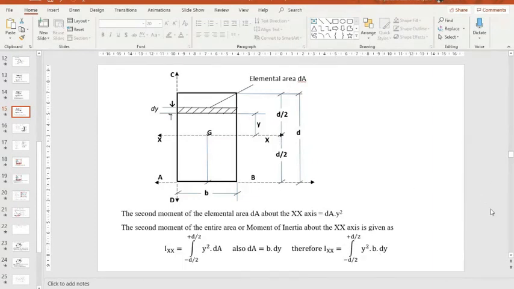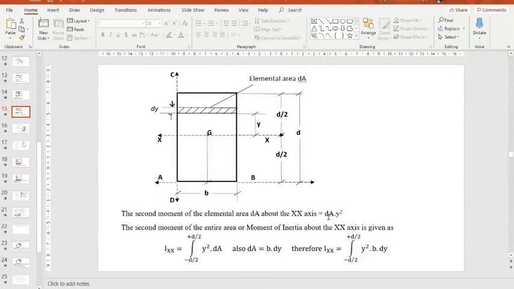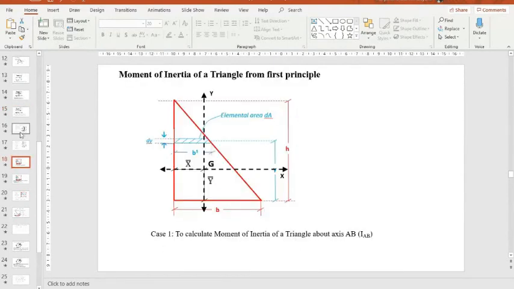Anyhow, I'll be posting this video. It's very simple. If you just remember this formula, dA into y square, that's fine, and the rest is just application: finding the dA value and the y value, substituting, and integrating between the limits. That's all you will have. Very simple.